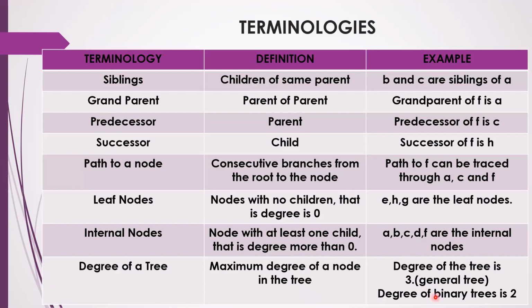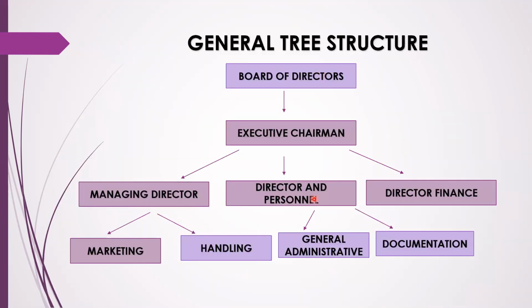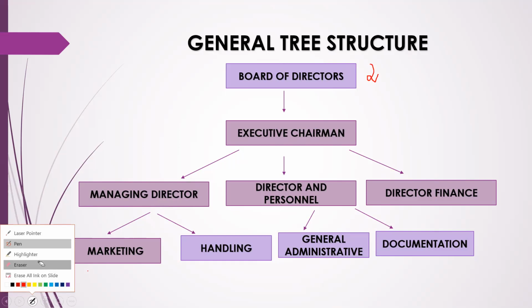So the degree of the tree is 3 in case of the general tree. As you can see, board of directors has 1. Executive chairman has 3. So here if you write the degree of board of directors, it has only 1 child, that is executive chairman. So it is 1.